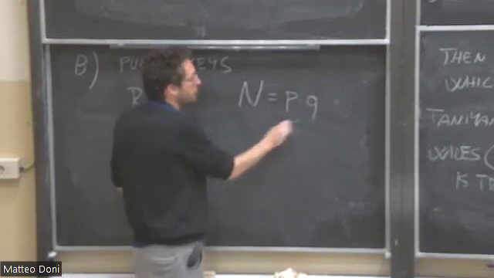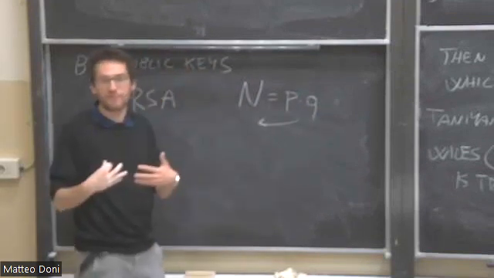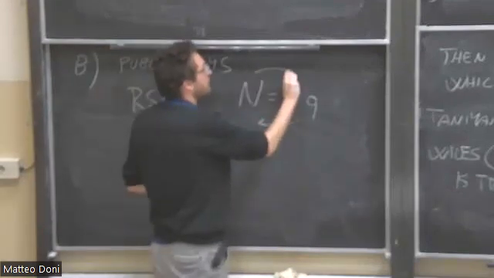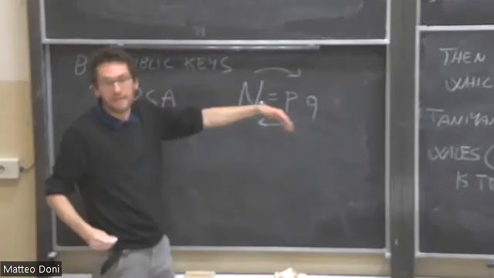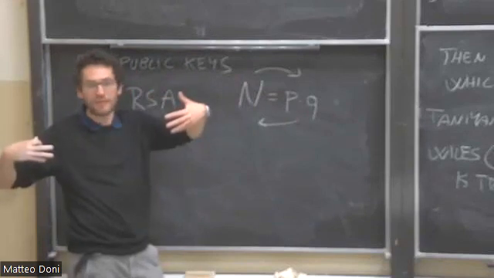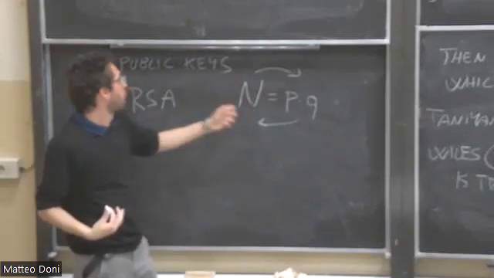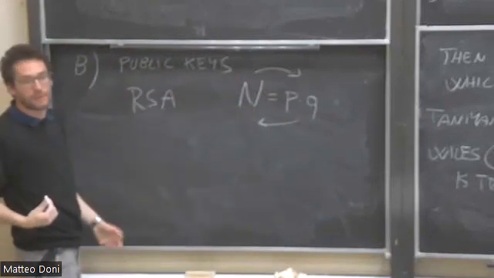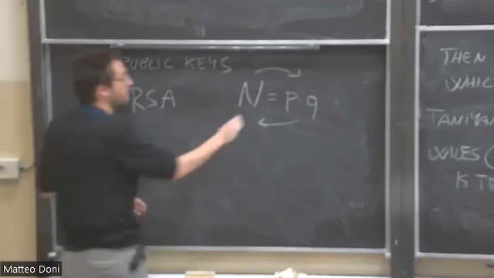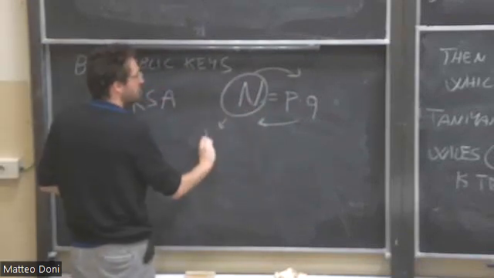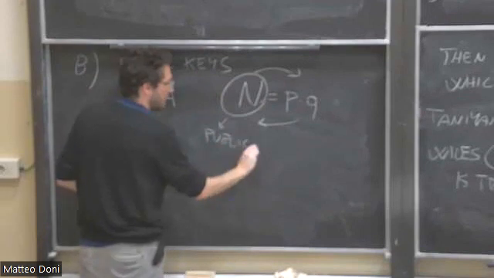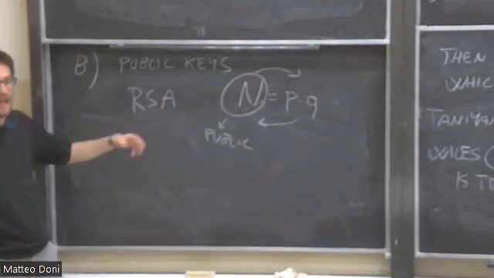It is very easy to go this way. If you have the two primes, just multiply. It is very difficult to go this way. If you have the number, try to factorize it. And why is this called a public key? Because in this cryptographic system, this is public, this is known.